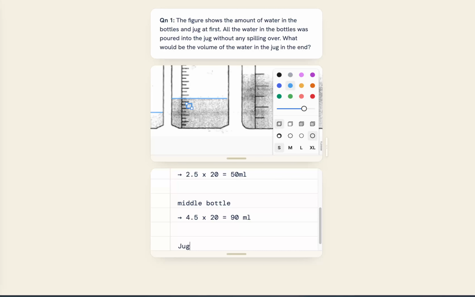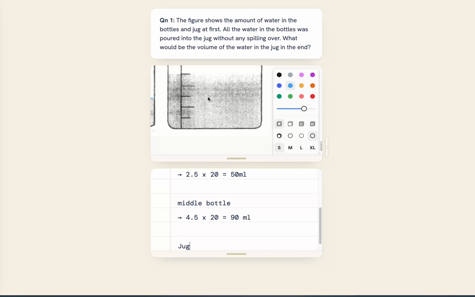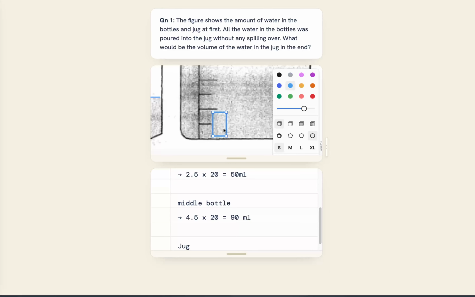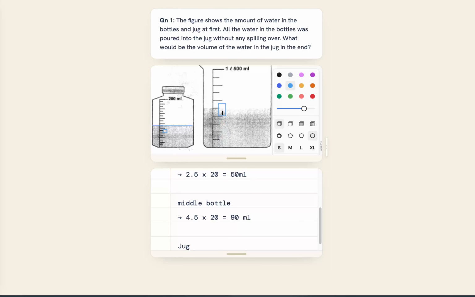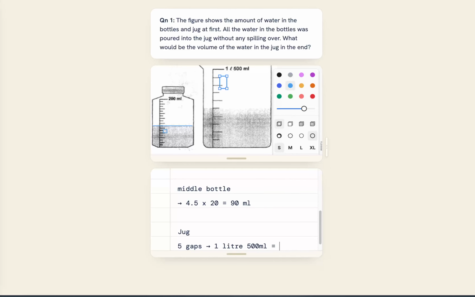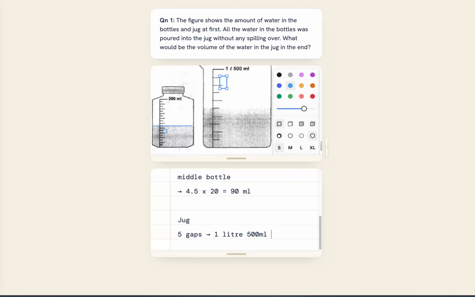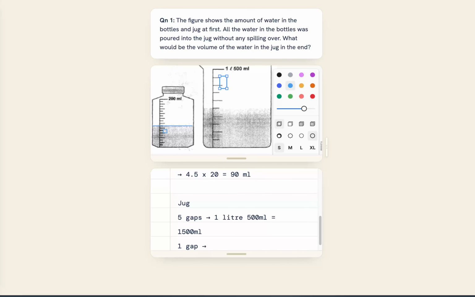For the jug itself, we also need to calculate the gaps. So in this case, we have 1 big gap, 2, 3, 4, and 5. So 5 gaps equal to 1 liter and 500 ml, or in this case 1500 milliliters. So 1 gap would then be 1500 divided by 5.